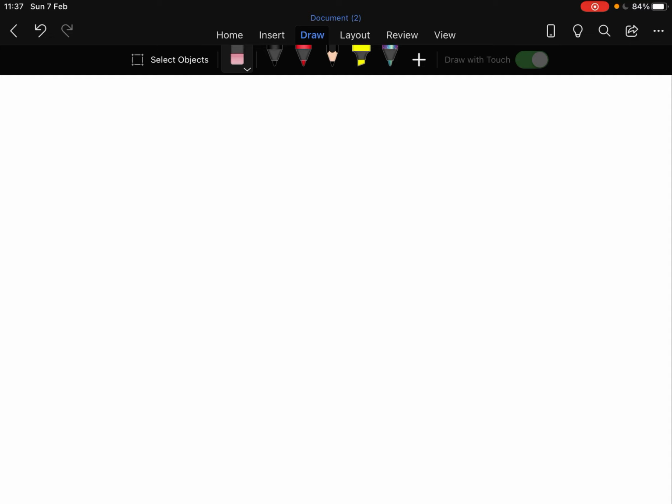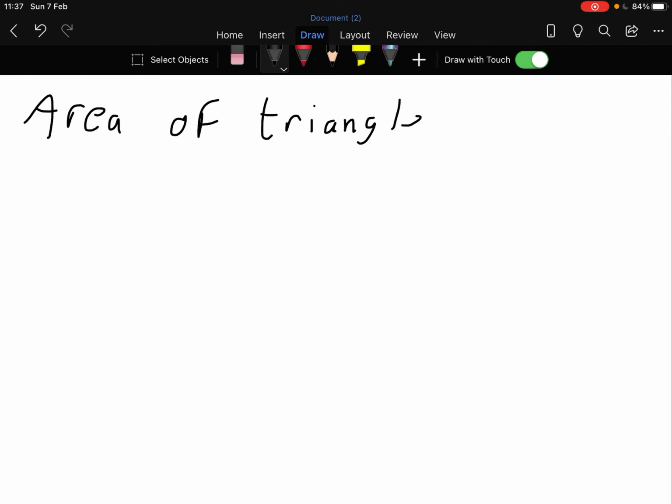All right, so area of a triangle. When we had a square or a rectangle, I'd better draw a better square or rectangle there. With a square, you had your length and your height or your width, and you multiply the 2 together. For a triangle, things are slightly different.